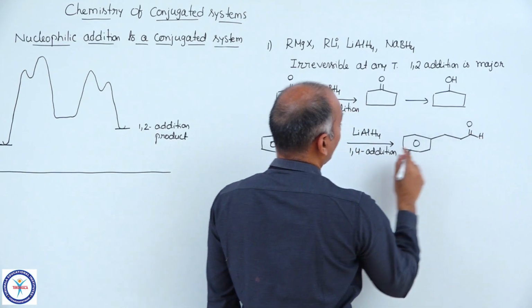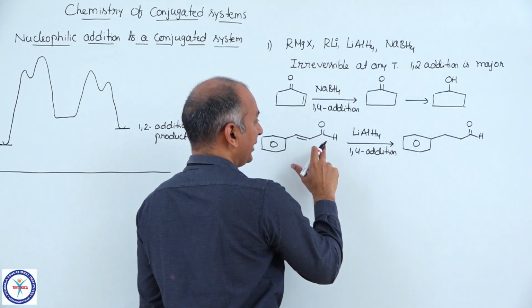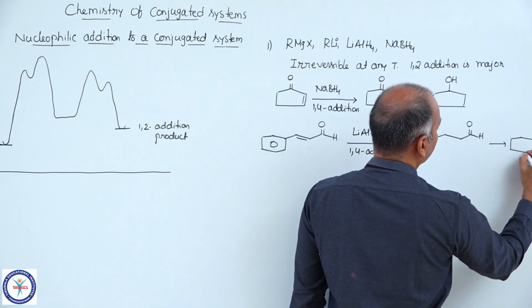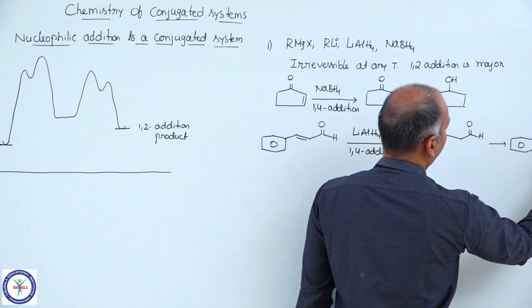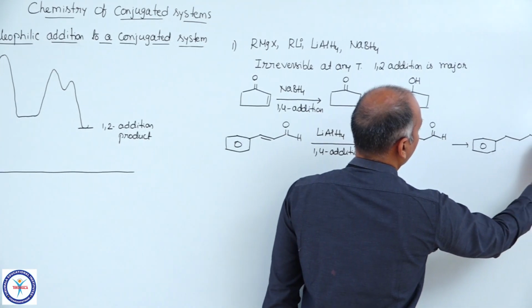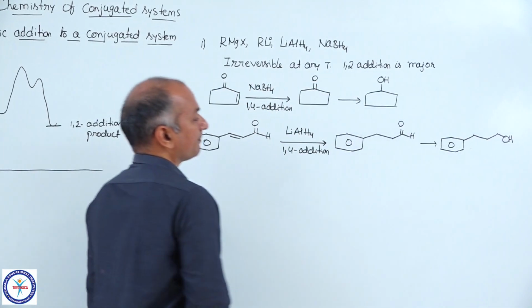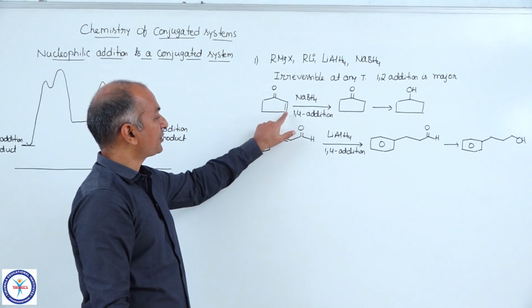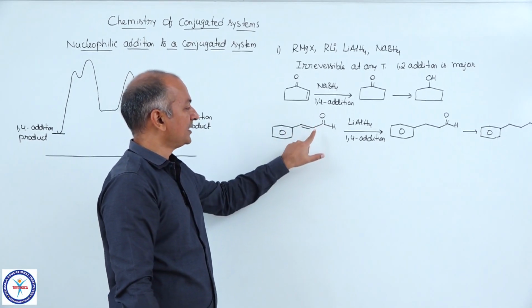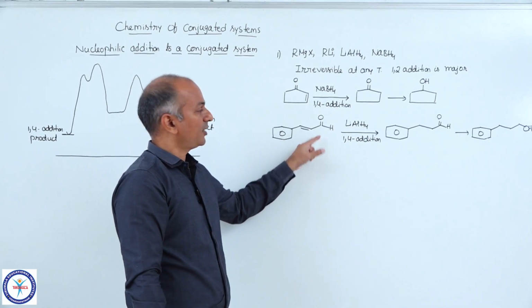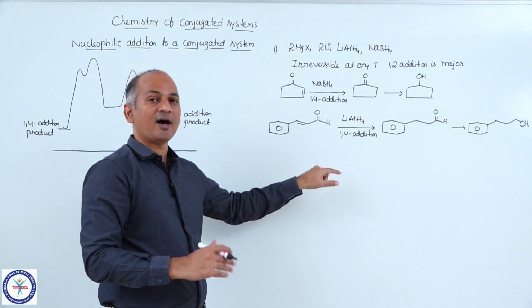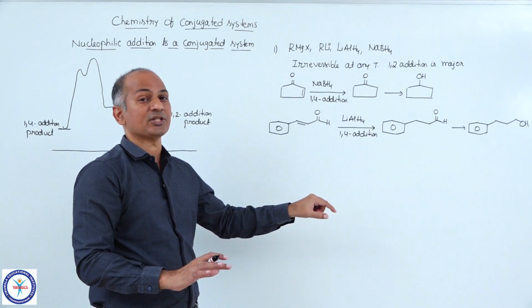And because LiAlH4 can reduce aldehyde, the final compound is alcohol. Now this is the final compound in the case of LiAlH4. So there is one exception for NaBH4 and one exception for LiAlH4. In both cases they give 1,4 addition, and in all other cases they give 1,2 addition.